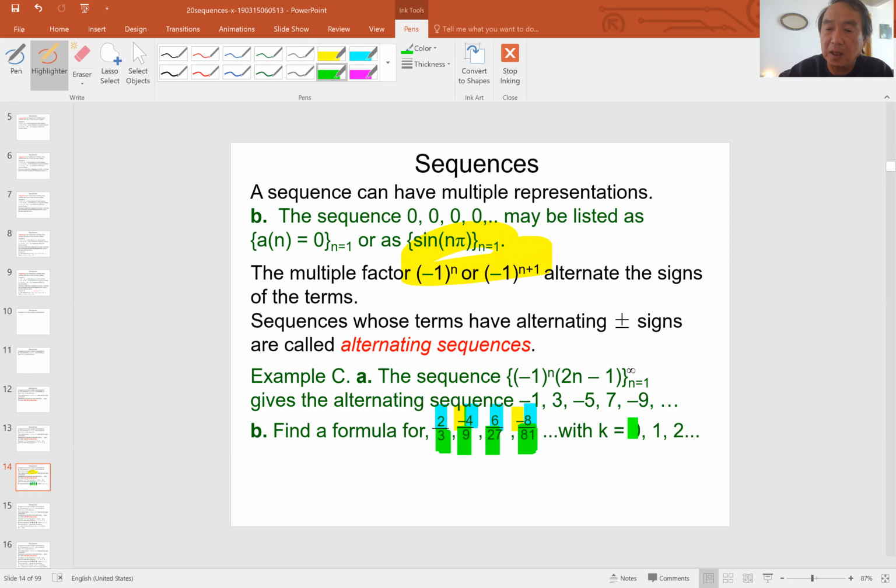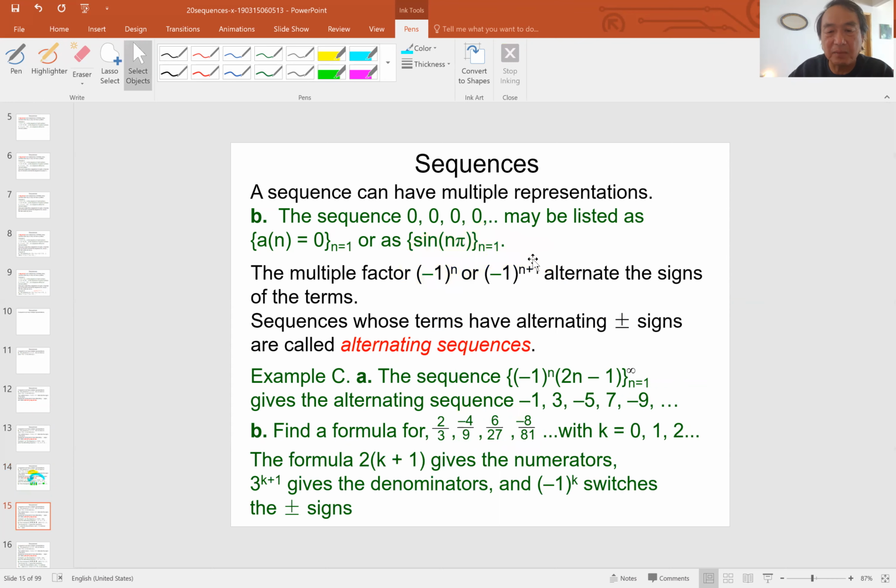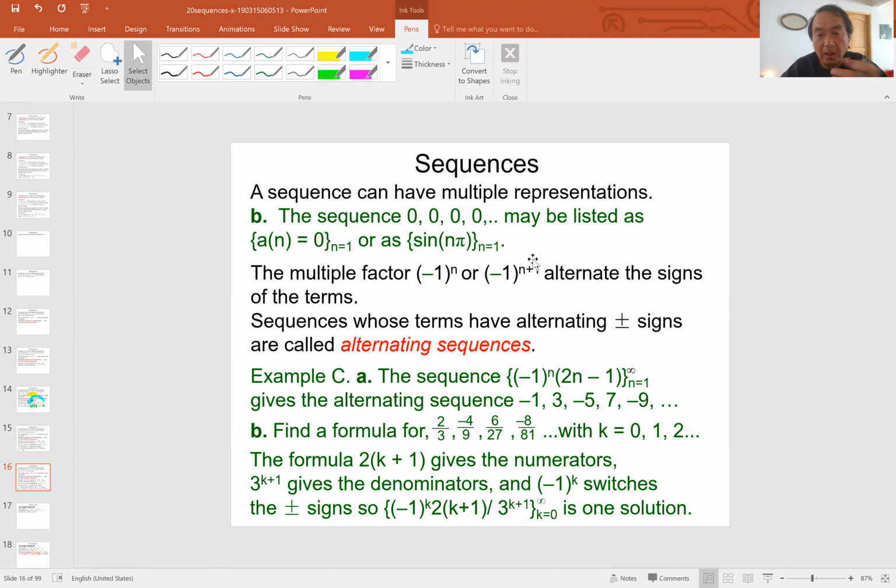And notice it starts with k equal to 0. To match k equal to 0 to the number 2, for instance, I have 2 times k plus 1. So I have to use k plus 1 to start out. Then we have these three components, and we just put them back in the fraction, and I get a formula for this sequence. Again, this is one solution, one possible way.